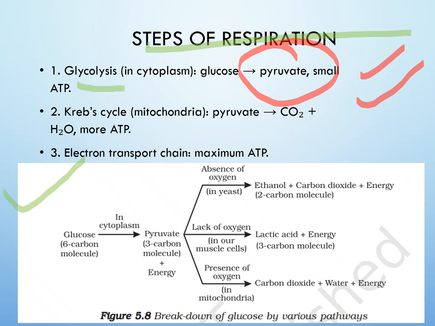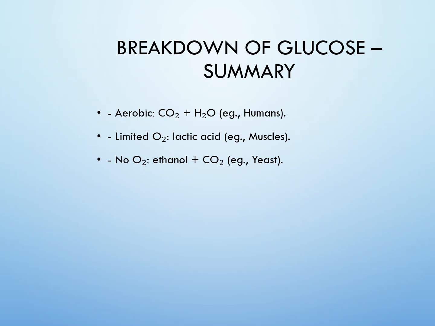So what you need to study here is glucose being broken down into pyruvate, which is common in aerobic and anaerobic respiration. Further, when this pyruvate gets oxygen, it undergoes aerobic respiration and leads to the formation of carbon dioxide and water along with 38 ATP molecules.